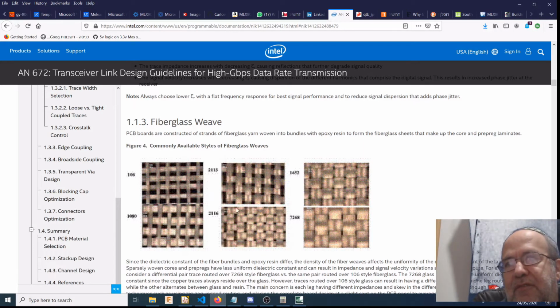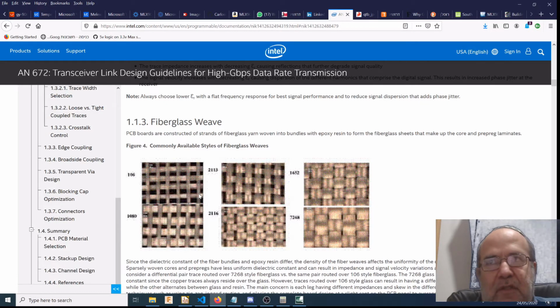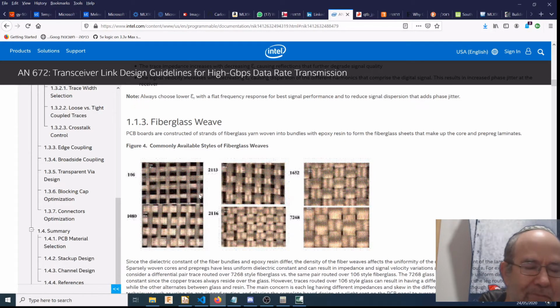So if I have a trace which is going over weave and not over glue, it will have a different characteristic impedance. At high speed, the type of material and the type of weave used has an effect, as does how much resin there is, or whether I'm over the mesh or the resin.